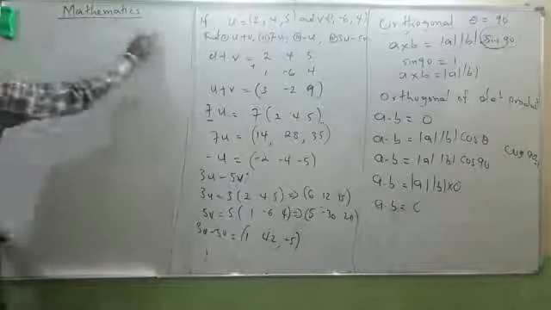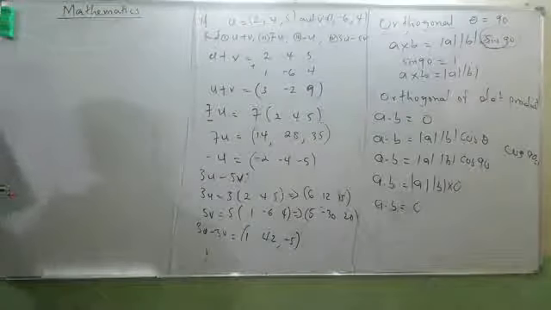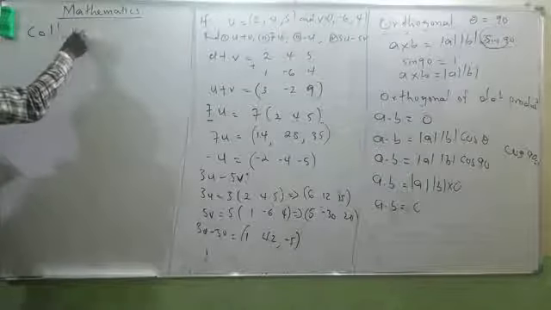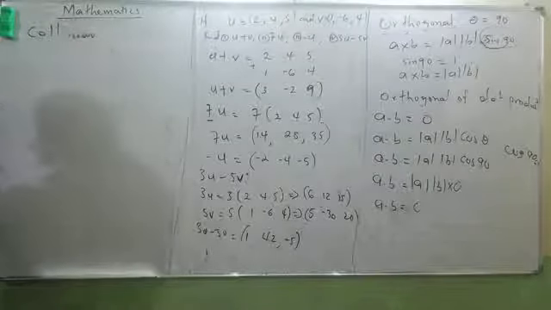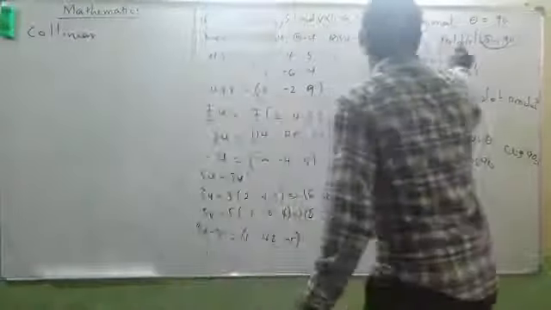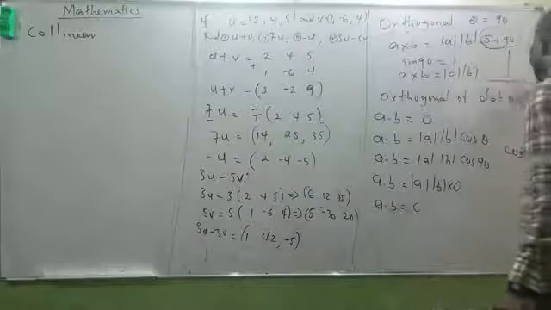Okay. Now I'm talking about collinear. If it is collinear, it means it's parallel. Please, orthogonal is perpendicular.